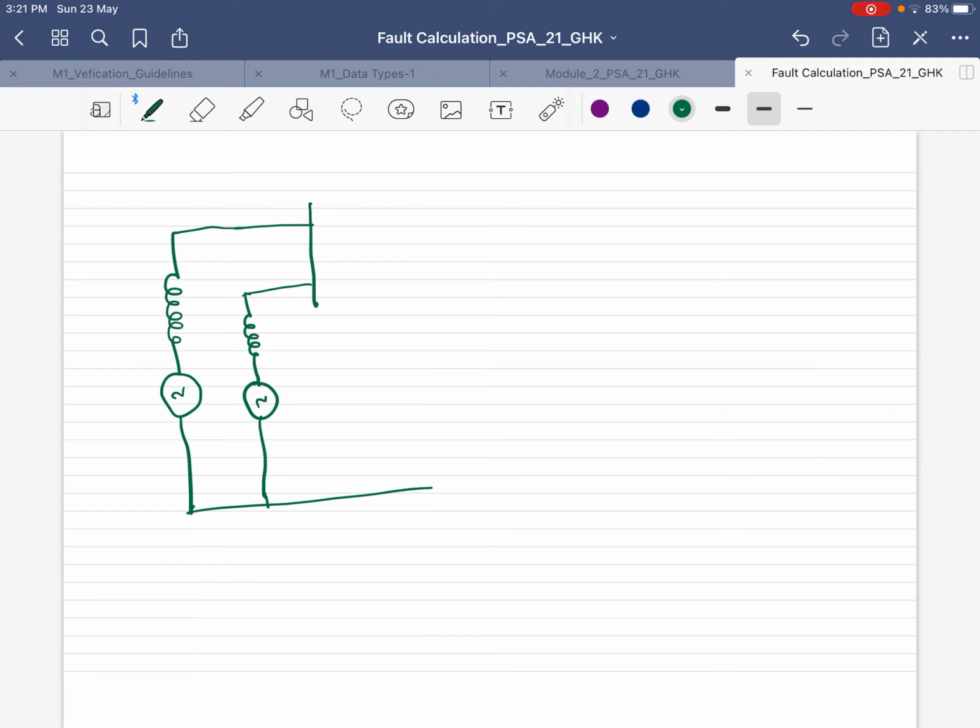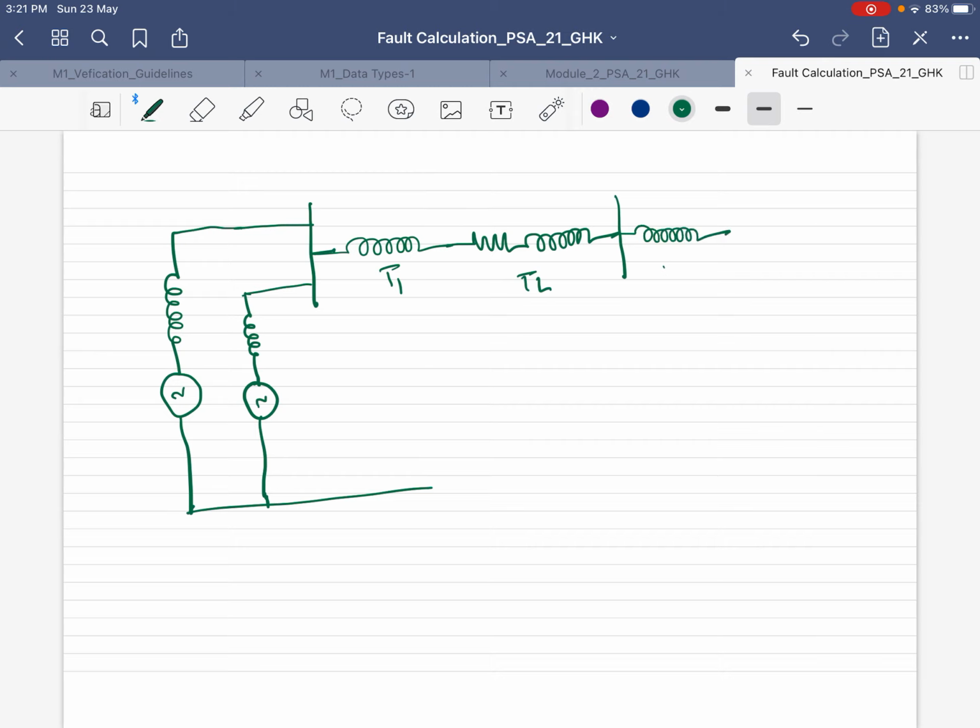Then to the bus, a transformer is connected. The transformer T1 is connected. Then there is the transmission line, which consists of resistance and reactance. Then there is another bus. Then another transformer is connected here.